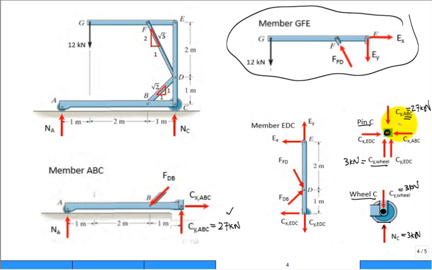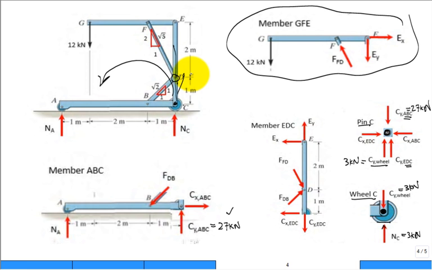Okay, we can just focus on the Y member. But also the member EDC is connected, touches the pin, interacts with the pin. And in this case, you do a little thought process, and if that pin gave way, this whole member would probably lift up, and the whole thing would probably try to pivot around here or around this point, and would try to fall that way, wouldn't it, if that pin broke? And we talked a little bit where that pin needs to hold this member EDC down.